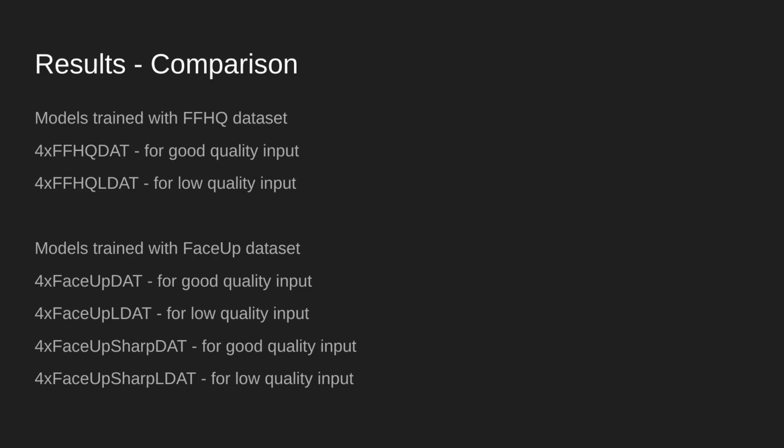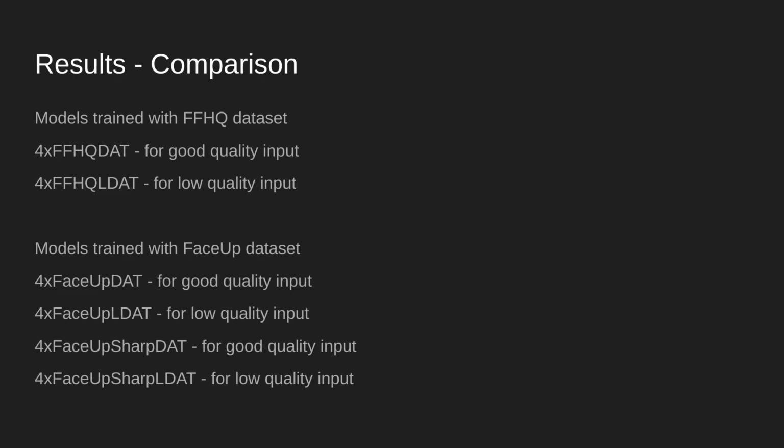I had trained two models, FFHQ dot and FFHQ-L dot, which also handles noise and was meant to handle low quality input images that have a little noise and blurriness. Those were trained on the FFHQ dataset directly.